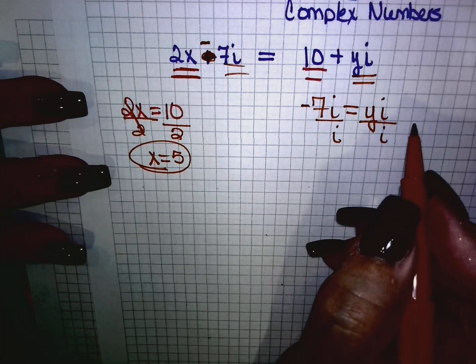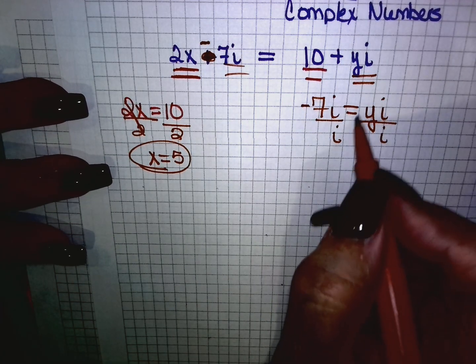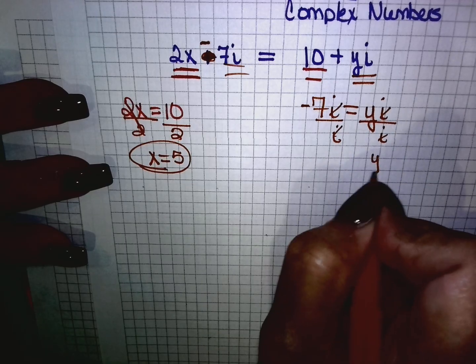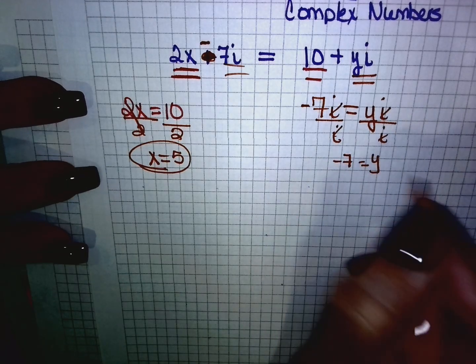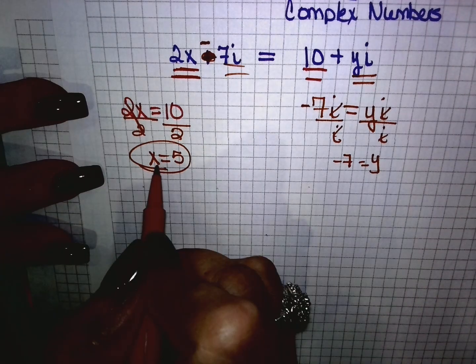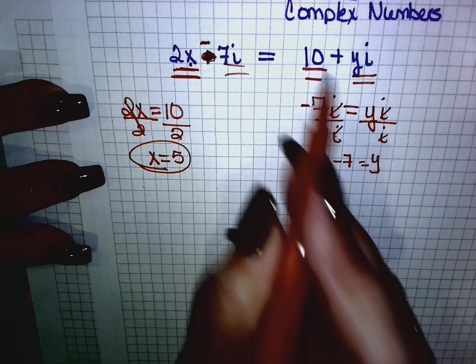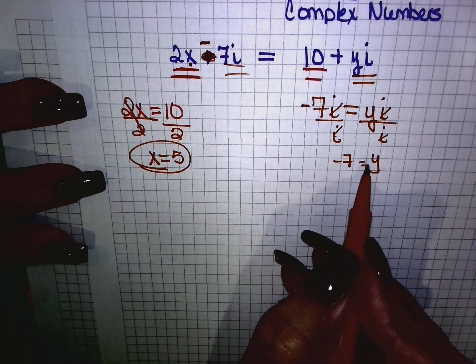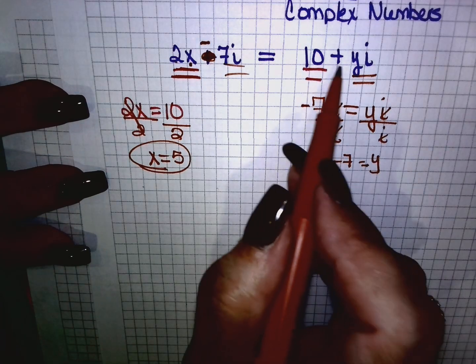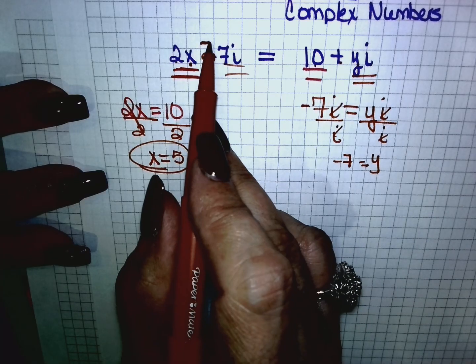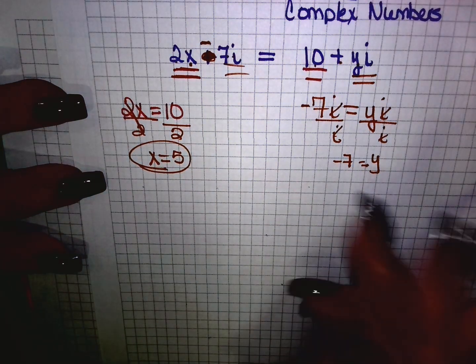Just want to make sure it looks like the notes that you'll see in Schoology. Divide by i. So y is -7. And that makes perfect sense. If I put a 5 here for x, 2 times 5 is 10. And if y is -7, this would be 10 minus 7i, which is exactly the minus 7i that we want.